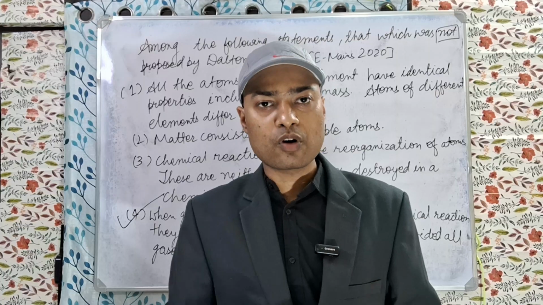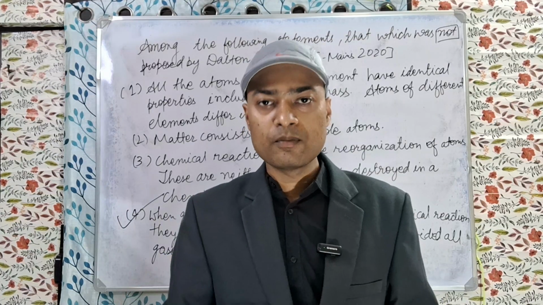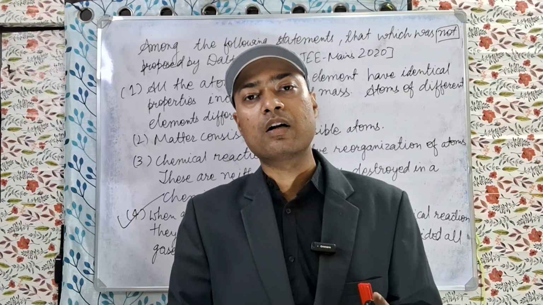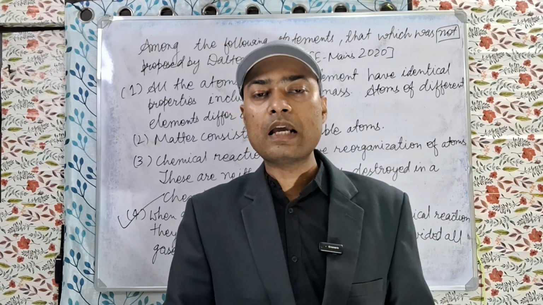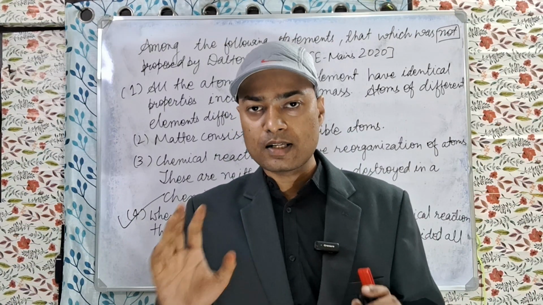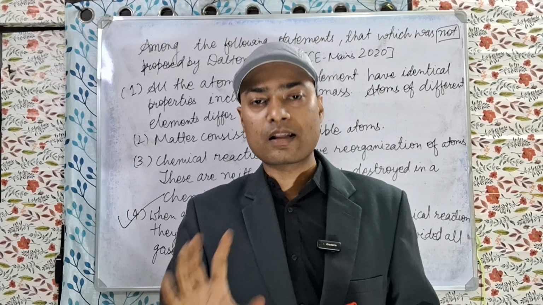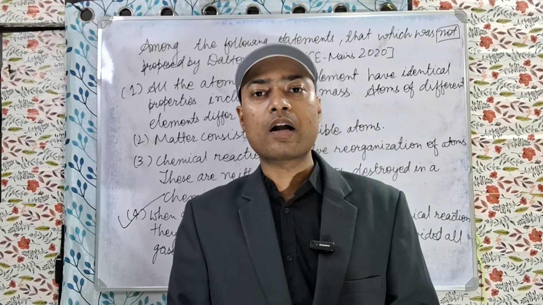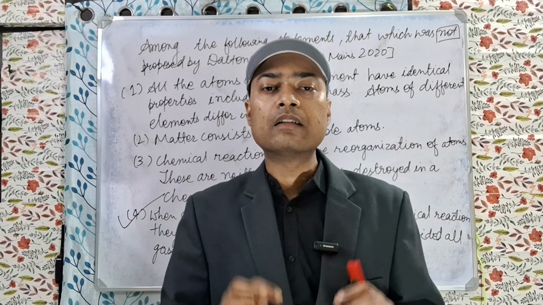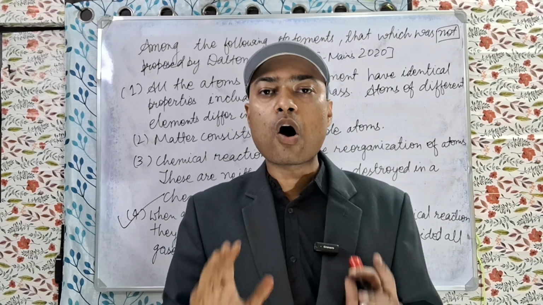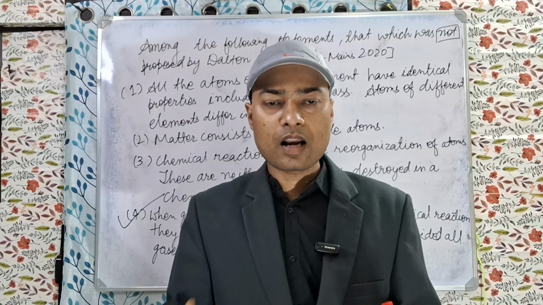Matter is composed of indivisible particles called atoms. Atoms of same element are same in property and mass. Thirdly, atoms combine in fixed ratio to form compounds. And lastly, atoms are neither created nor destroyed in a chemical reaction. They just get rearranged.